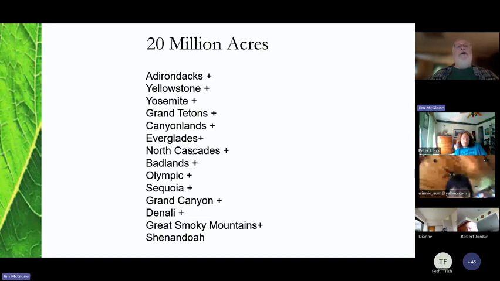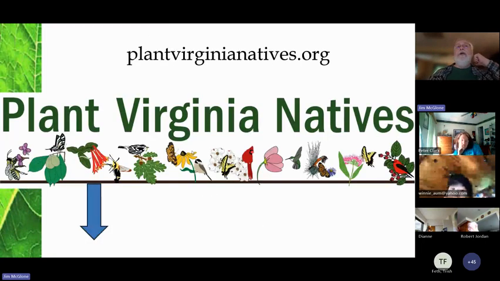It would be greater in area than all of these parks combined. I happened to be a marketing person in one of his talks, and they got together and they started the Homegrown National Park.